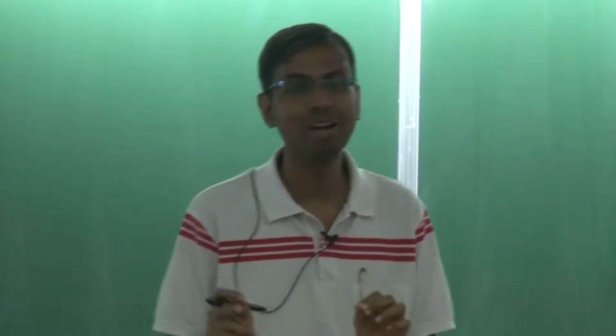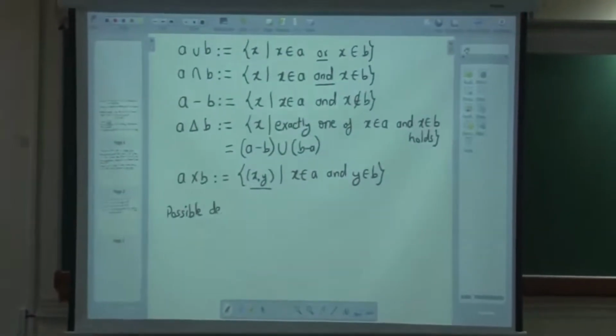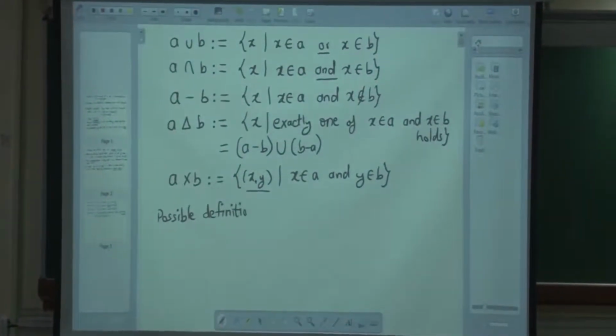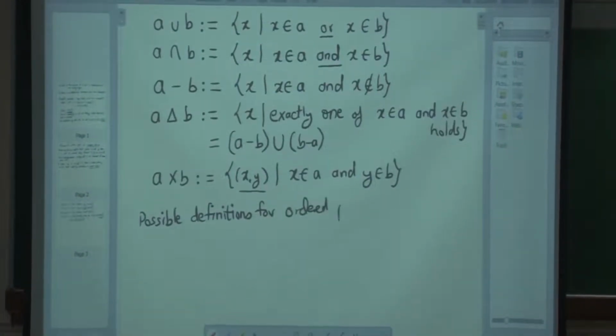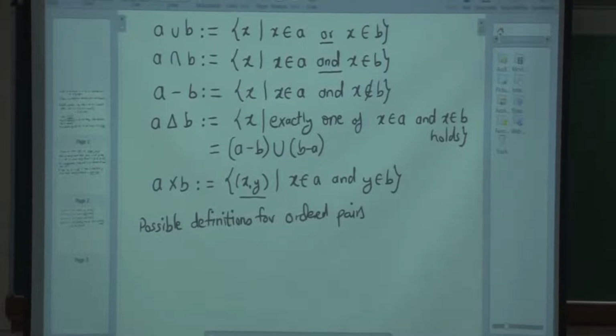Now that is set. So how do you define an ordered pair, not unordered pair, using sets? Possible definitions for ordered pairs. Give me some choices.